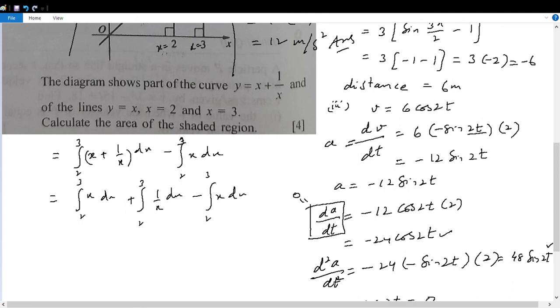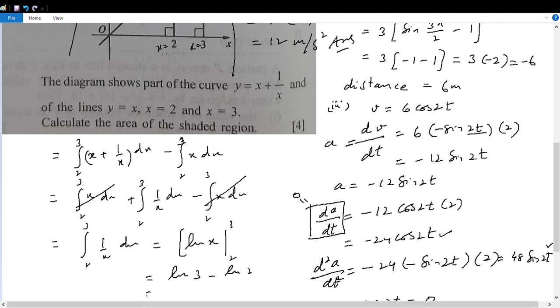You can see that this one and this one are the same, one positive and one negative, so they cancel. Here we get the integral from 2 to 3 of 1 over x dx, and the integration of 1 over x is log of x. You apply the limits 2 and 3, and you get log 3 minus log 2, which is equal to log 3 over 2.